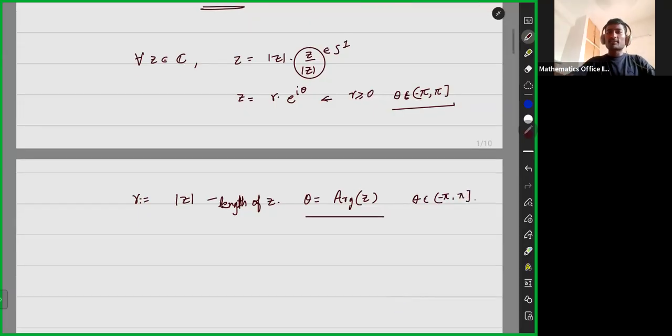Okay, so after these definitions, we saw what rational functions, polynomial functions, and then power series and their absolute convergence are. Let me write.